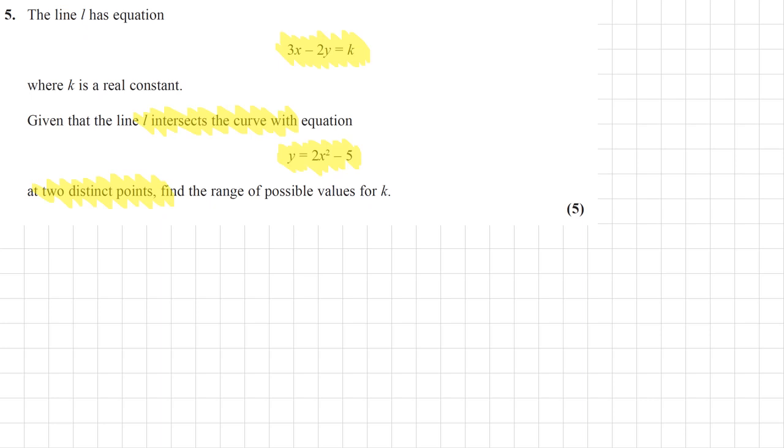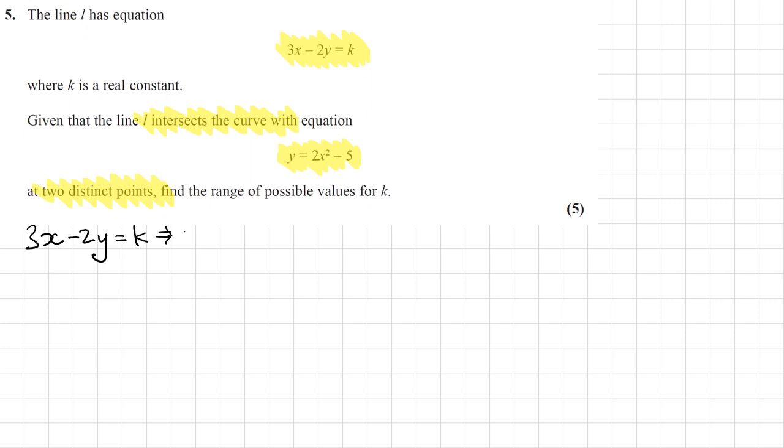Put them together. So I need to make y the subject or x the subject of that first equation that I've got, 3x minus 2y is k. Right, I think I will make y the subject.